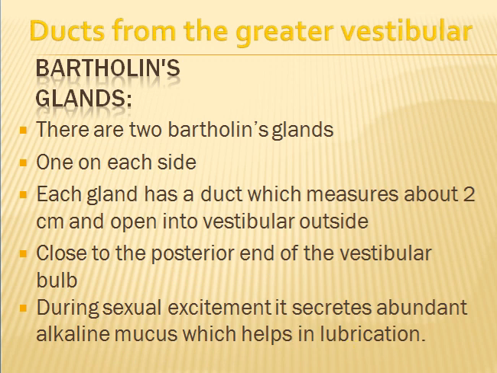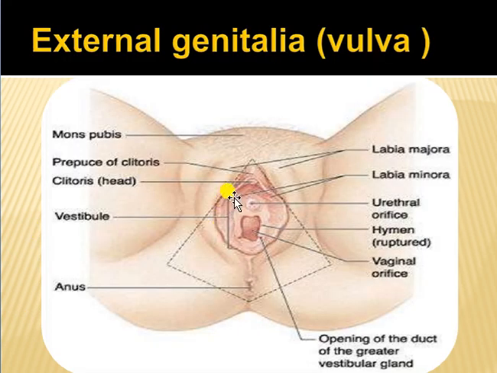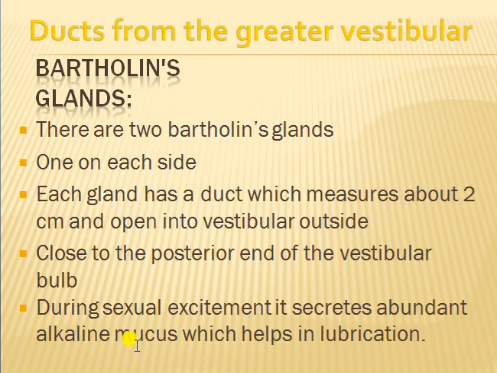Where are the Bartholin glands located? See, this is the vestibular part. In that vestibular part, on each side, this side and this side, the Bartholin glands are present. They secrete mucus, and that secretion is useful for lubrication.